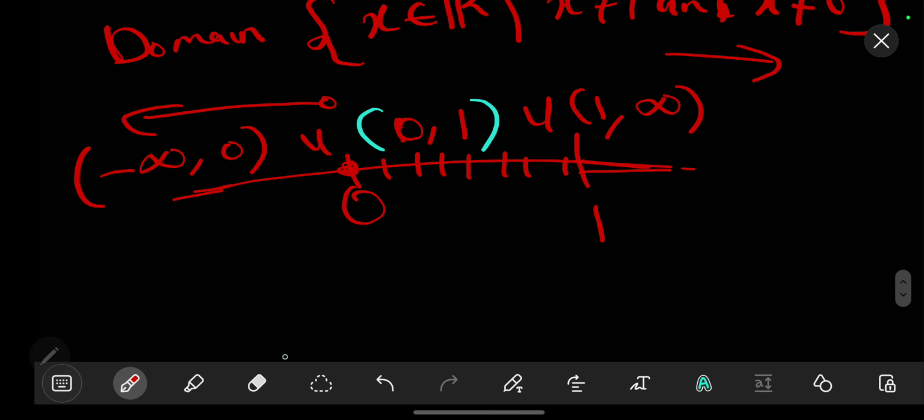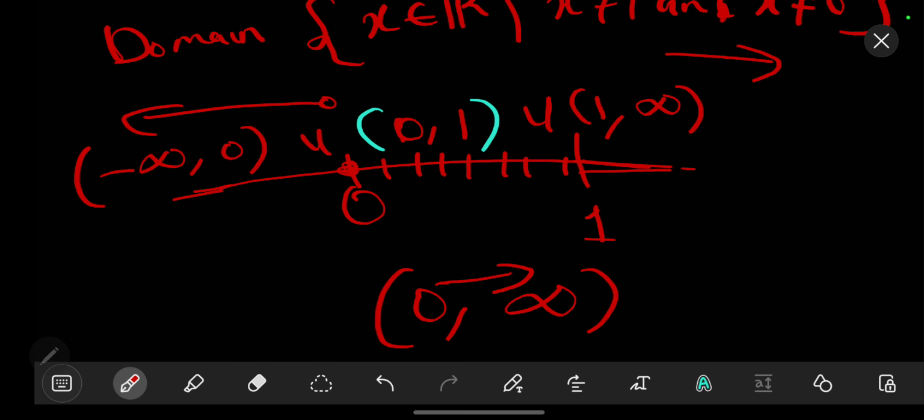The mistake you would make is to write from 0 to positive infinity. If you write like this, you mean to say all the values from 0 to positive infinity are acceptable, meaning even 1 is included. If you write negative infinity to 0, union 0 to some infinite value, you are including 0.